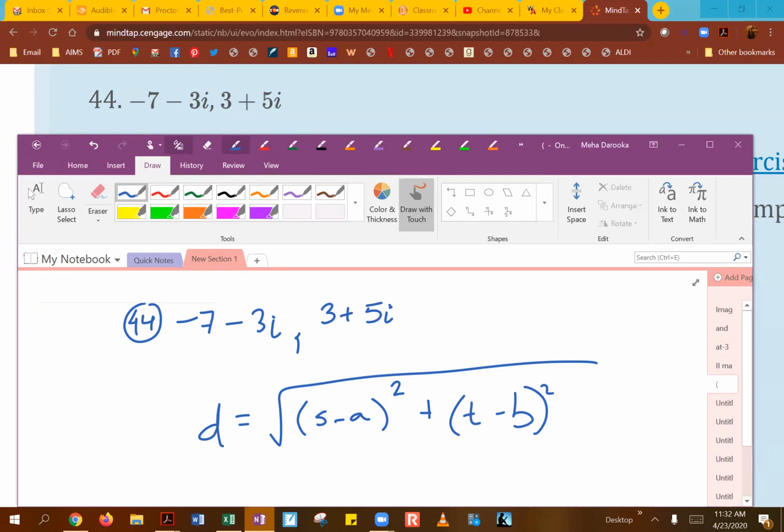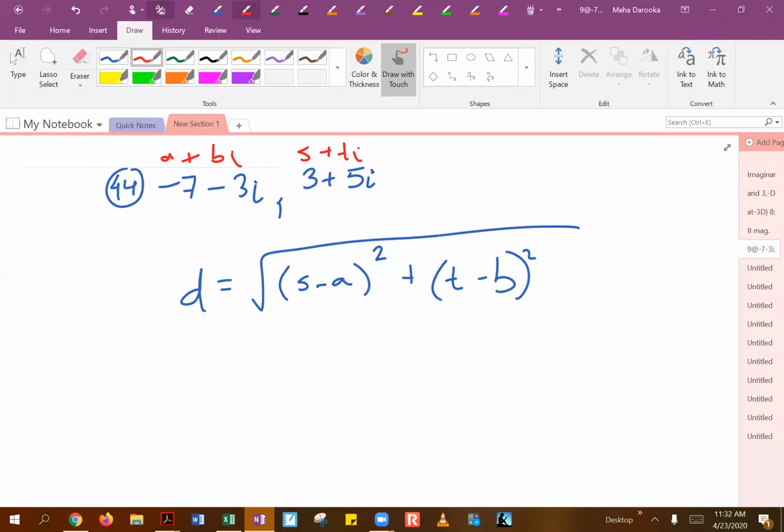And in this case, you can think of these numbers here being a plus bi, and you can think of this as being s plus ti. So when we plug this in, s would be positive 3. Now what is a?